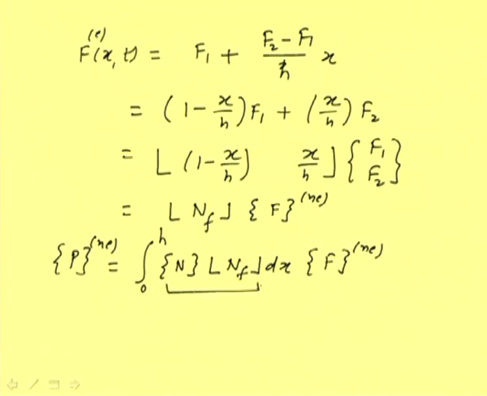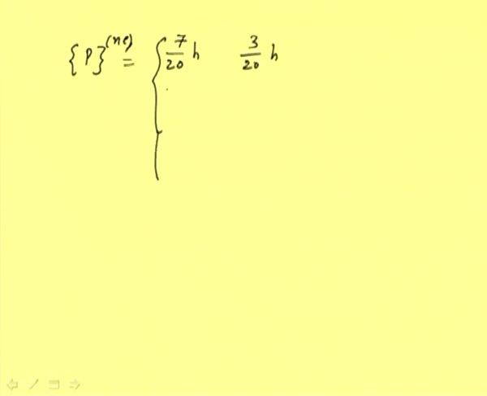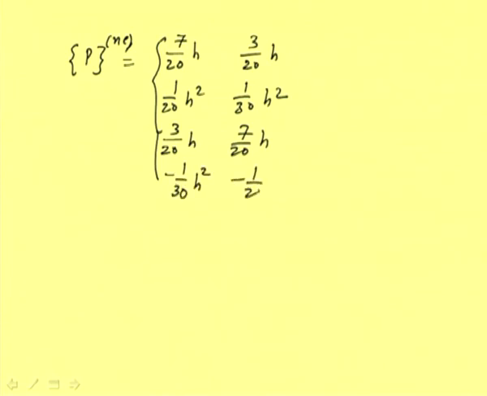If you substitute these two and integrate, we will get a matrix of terms like this, which is coming from the integration: 3 by 20 h, 7 by 20 h, and 1 by 30 h square, 1 by 20 h square.